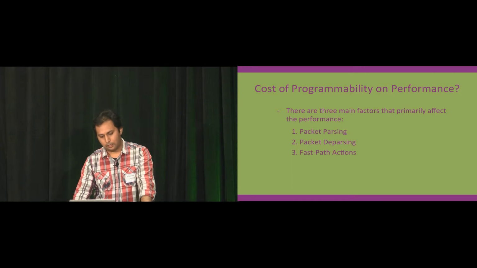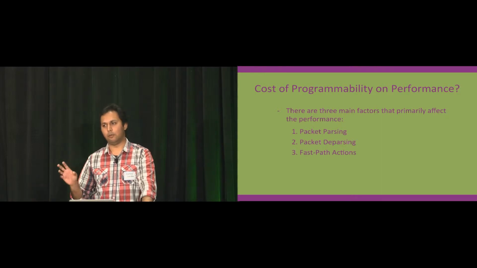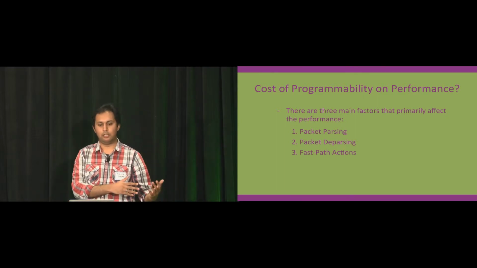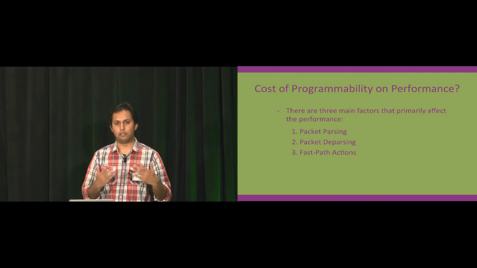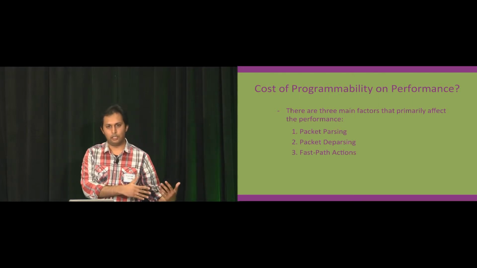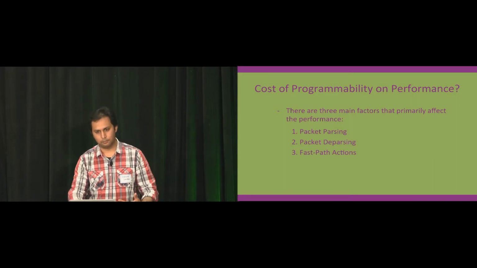Now in the existing OVS, number 2 and number 3, packet deparsing and fast path actions, don't have that dominant effect, because fast path actions are mostly restricted to set fields, which are write operations on the packet. And there is no notion of deparsing, because these changes are directly committed onto the packet. However, using the P4-like model, these become more significant, because now you are actually making changes on a separate set of headers, and then you are doing some kind of memory copy operation at the very end when you are doing the deparsing.